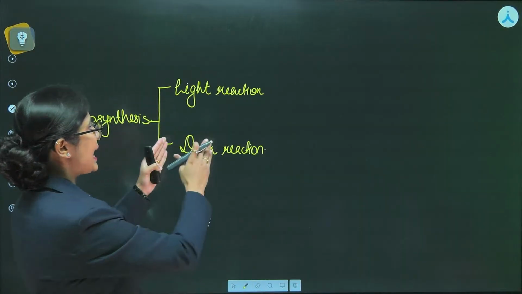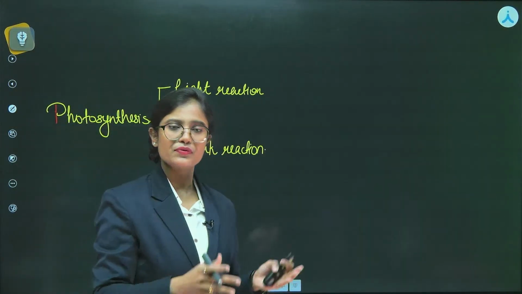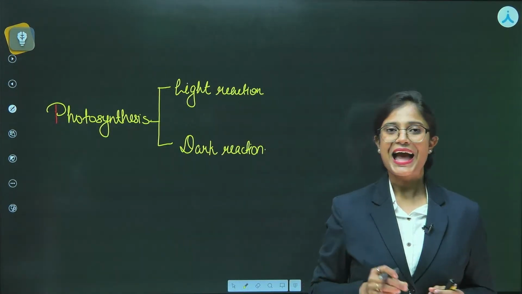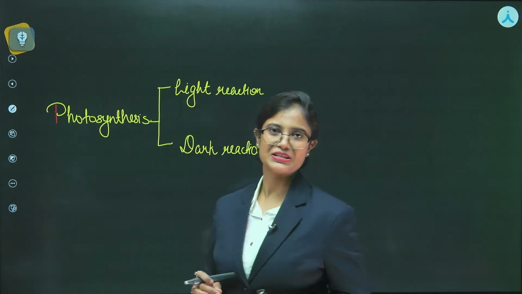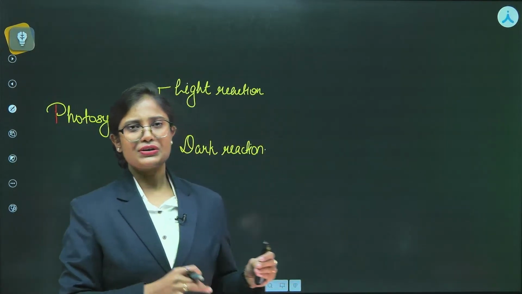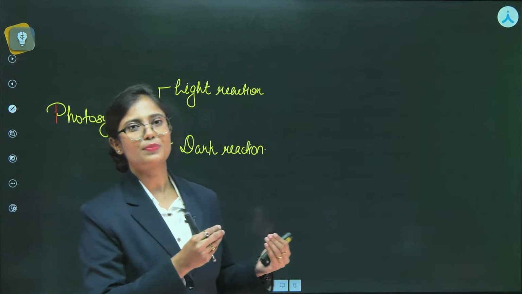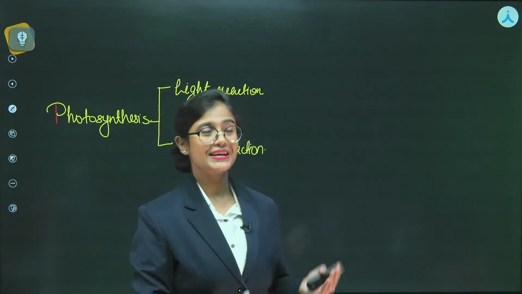Okay, so light reaction involves certain steps, for example, absorption of light, splitting of water, and liberation of oxygen. It consists of cyclic and non-cyclic photophosphorylation, which is followed by the chemiosmotic hypothesis, right?